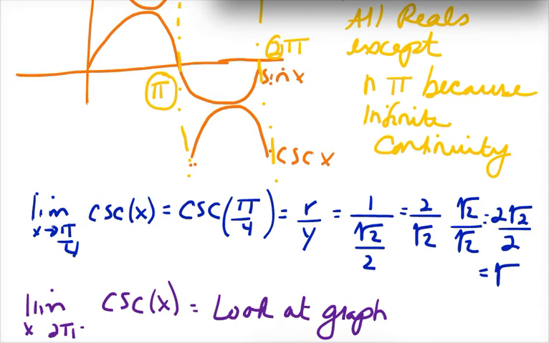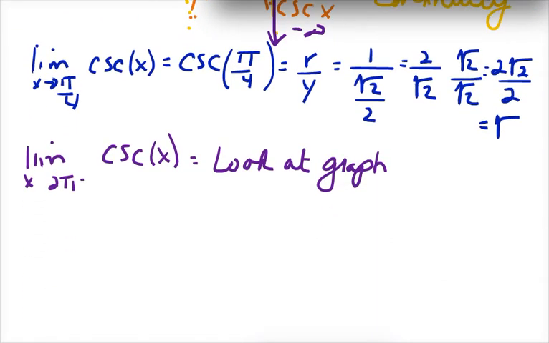So you're approaching 2 pi from the left. So we're coming this way from the left. As we get closer and closer to 2 pi, what happens to cosecant? It goes off to negative infinity. So the limit as you approach 2 pi from the left is equal to negative infinity.